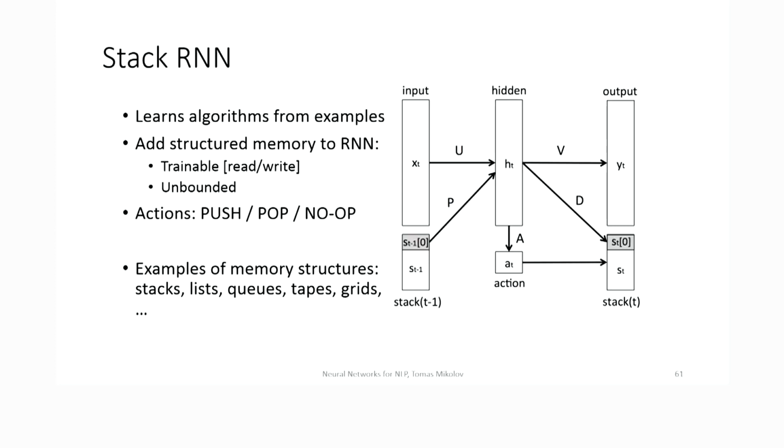The actions that the hidden layer decides to do on the stacks are the most basic actions for stacks: it can push a value on top of the stack, or pop the value out of the stack, and the topmost value is always visible to the recurrent network. But the controller can actually be a feed-forward network; it doesn't have to be recurrent. And the types of memories can also be different. It doesn't have to be stacks; it can be lists or queues, anything that has a topology can be used here.